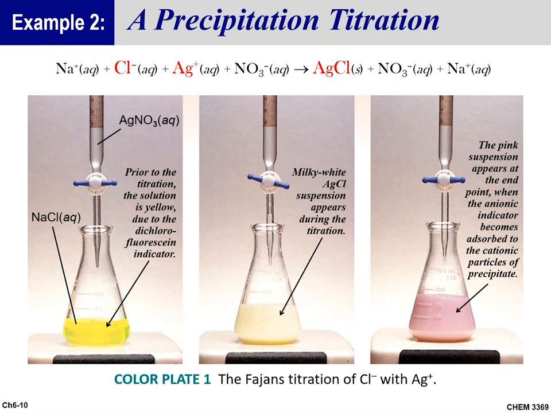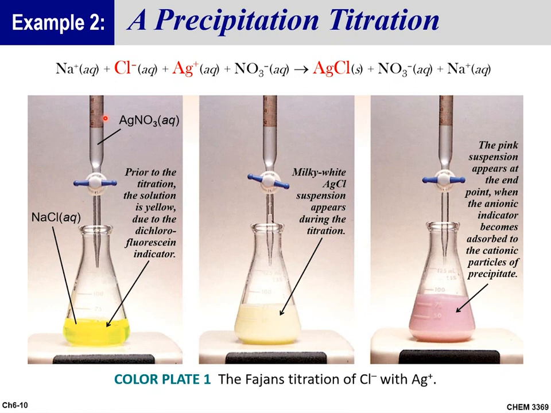So in this example, we're titrating the solution of sodium chloride. This is an electrolyte, so it is completely dissociated into ions. And we're titrating it with silver nitrate, another electrolyte, okay?